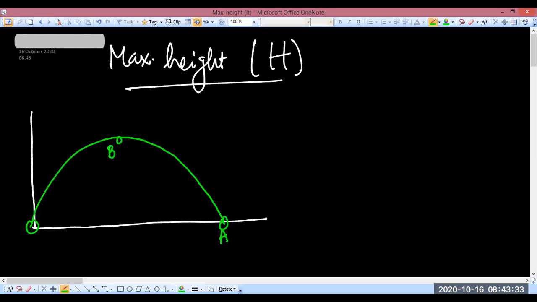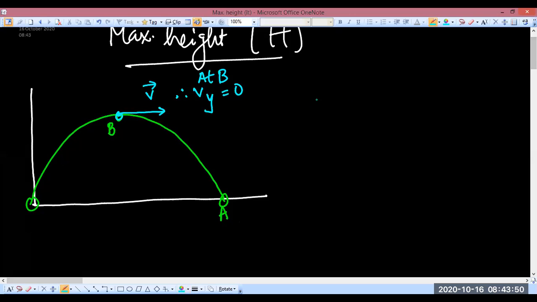We are here for B, right? Maximum height. So here again, its velocity will be horizontal. All right. So we have Vy equal to 0 at this point B. Clear? This is what I've already explained. Right. So now this is H.